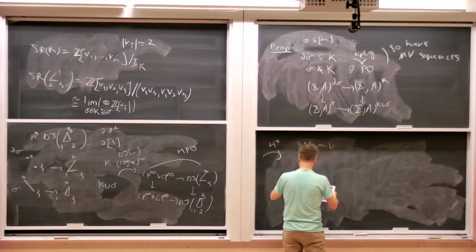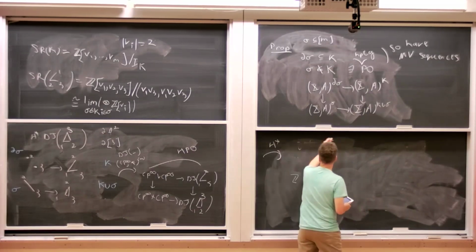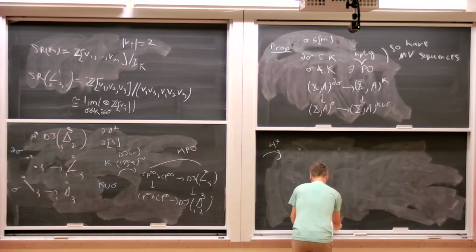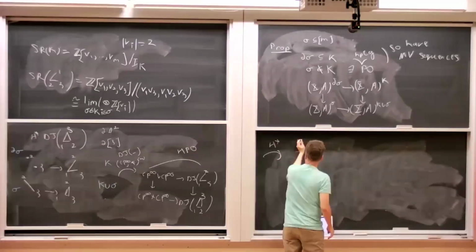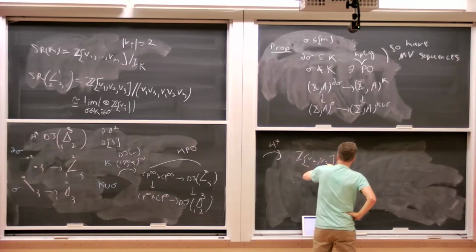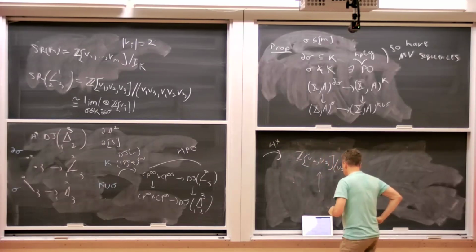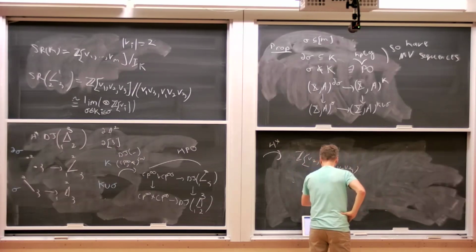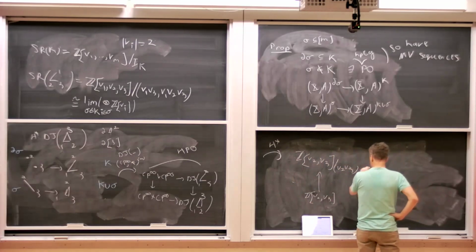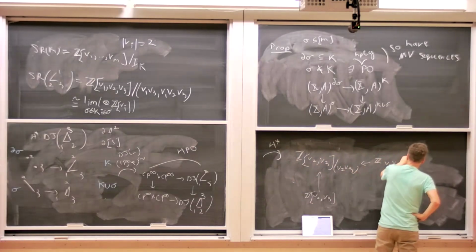Before we do Meyer-Vietoris, we get a pushout which looks like this: Z[V2, V3] modulo (V2 V3), and then the arrows go in the other directions. That would be Z[V2, V3], corresponding to the product of CP infinities. And then this one would be Z[V1, V2, V3].